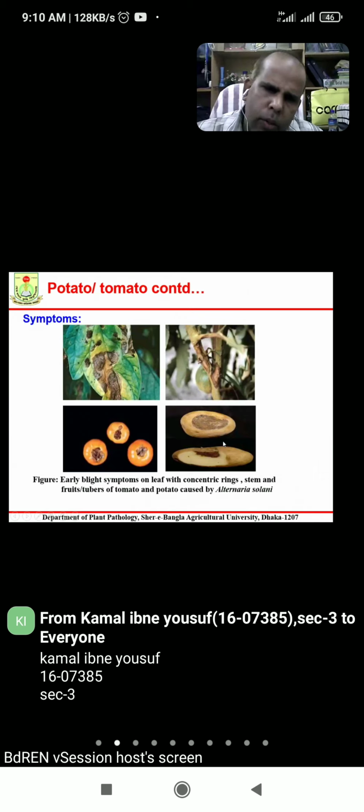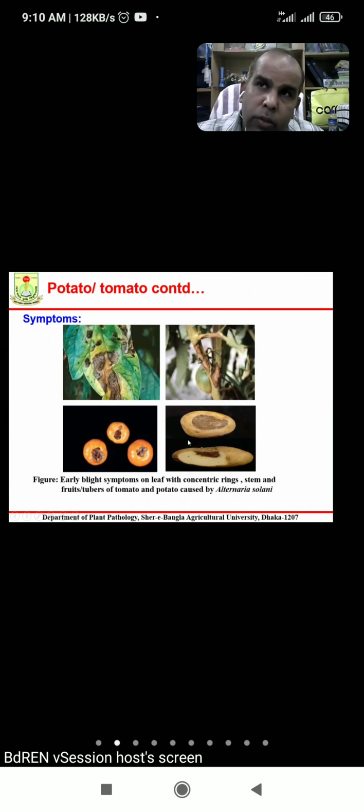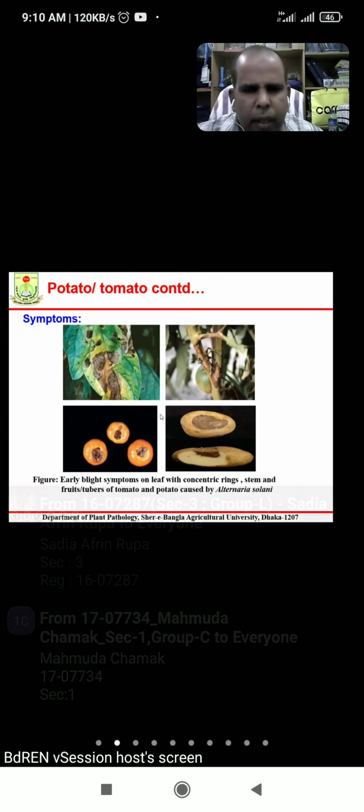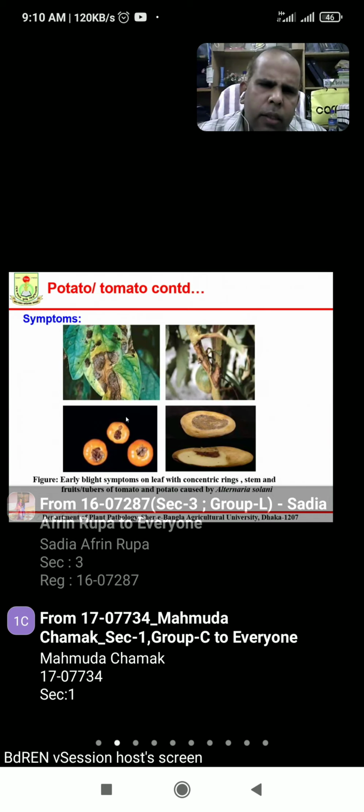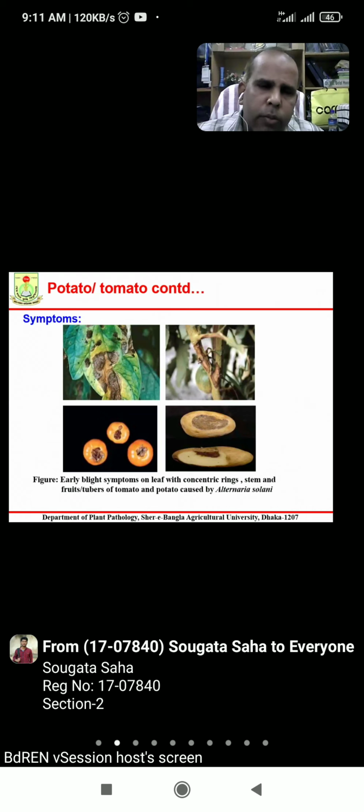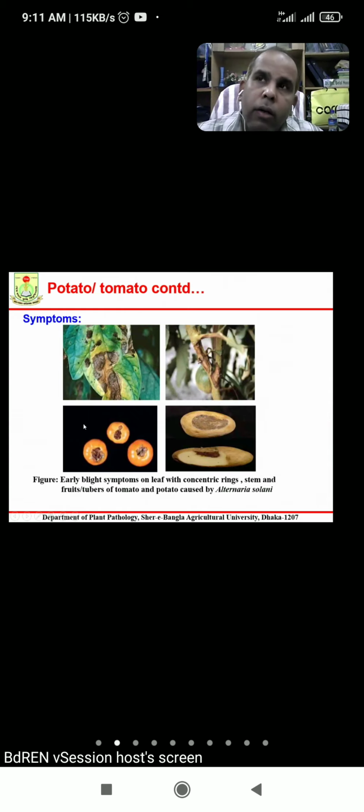Although this pathogen can attack any part of the potato and tomato plant, it is not as devastating as Phytophthora infestans, because it has only one reproductive unit, the conidia, and that conidia can infect the plant. Okay, so what about the symptom in case of the leaf?